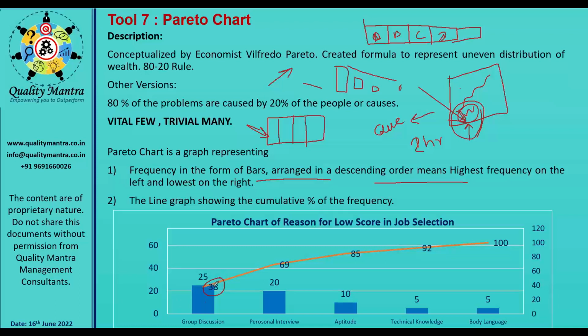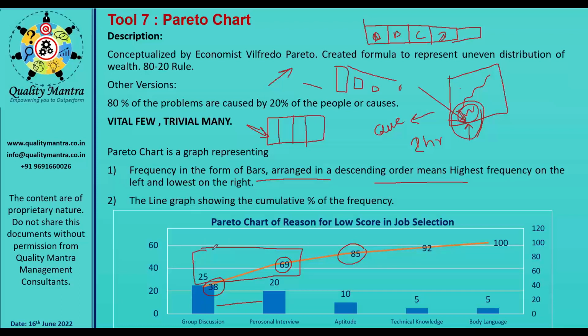Now how much total percentage does this contribute? It is contributing 38%. How much is this 2 going to contribute? 69%. How much is this 3 going to contribute? 85%. So if you cover these two, 70% of the issues will get addressed.